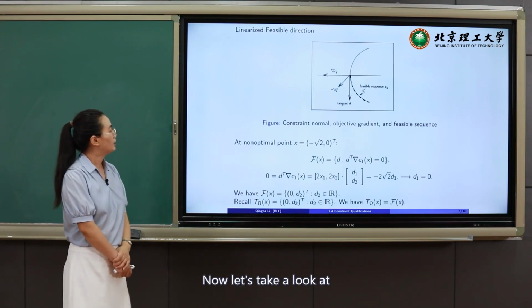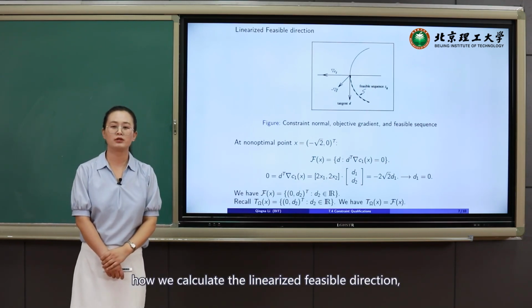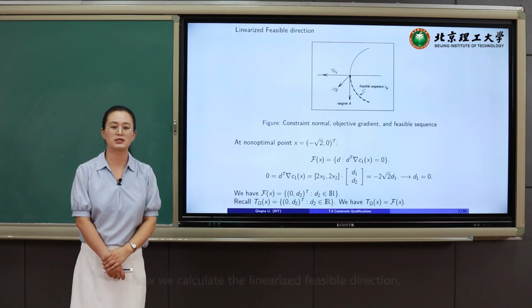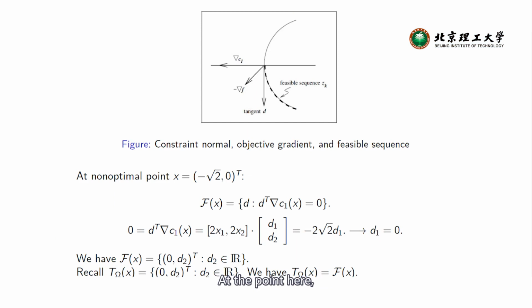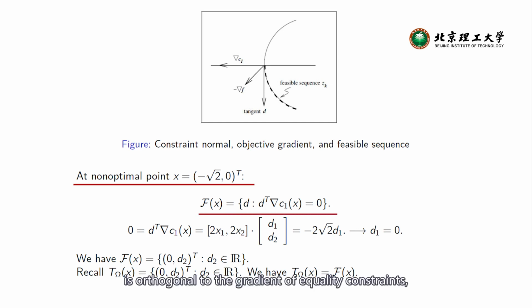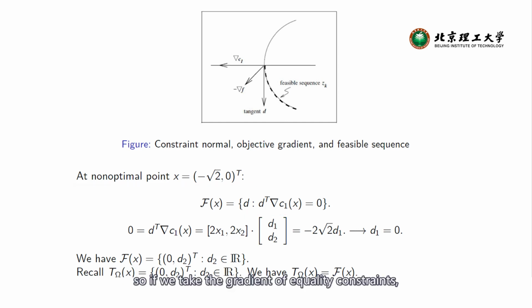Now, let's take a look at how we calculate the linearized feasible direction, still for the constraint here, okay? So at this point, let's calculate the linearized feasible direction. Recall that the definition for this case is that we only require the direction to be orthogonal to the gradient of the equality constraints, okay? So if we take the gradient of the equality constraints, we get the following condition.